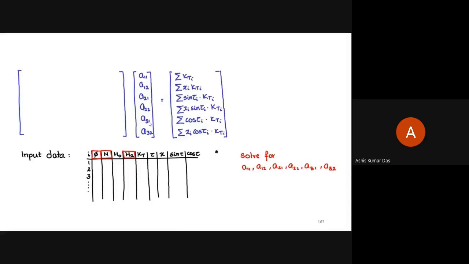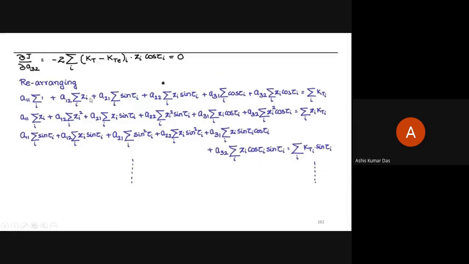We have the six set of equations represented in the matrix. The matrix shown in blank contains the coefficients of this equation, like ξi, ξi sin τy from the left hand side, cos τy, or the summation of sin τy, and so on.